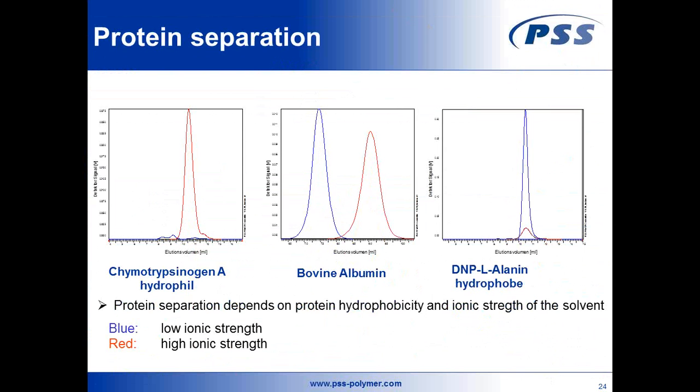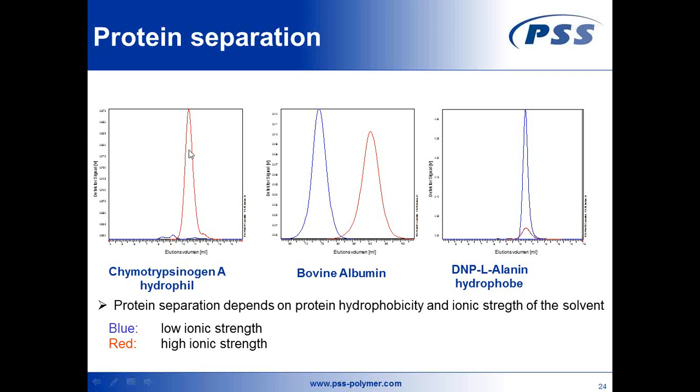They're all measured on a PSS protein column, but let's start on the left-hand side. On the left-hand side, when you choose a high ionic strength, this is the recommended ionic strength for a highly hydrophilic protein.